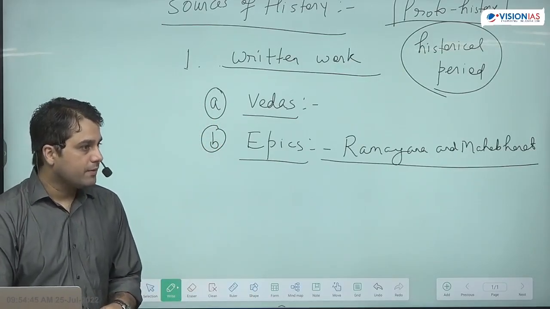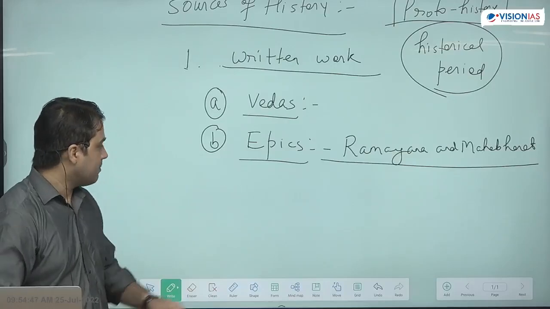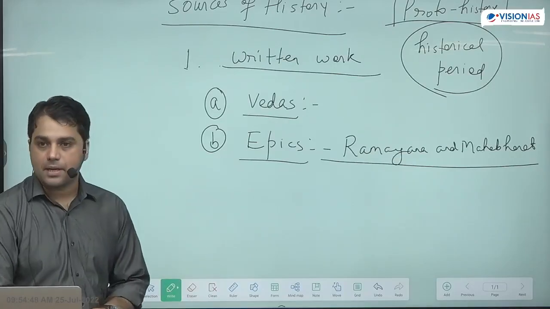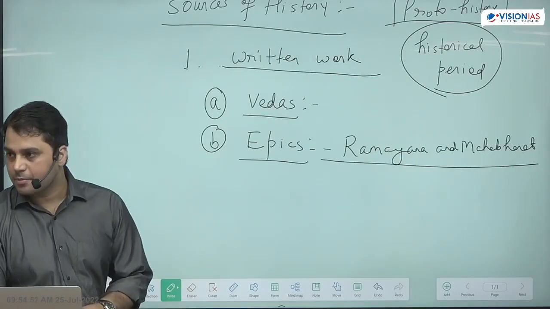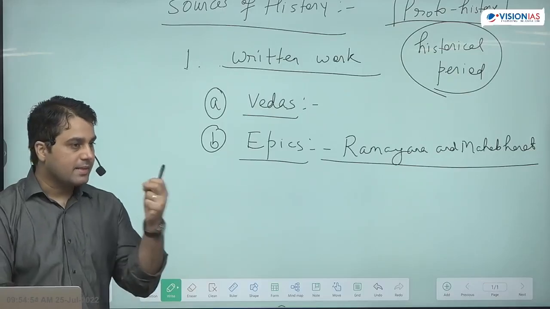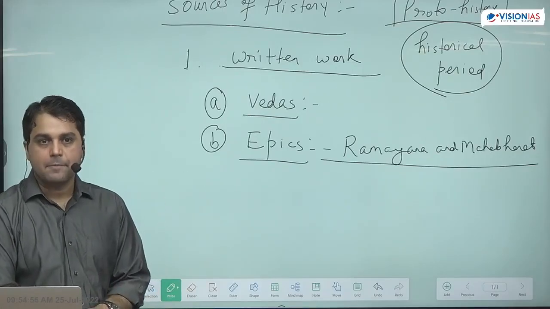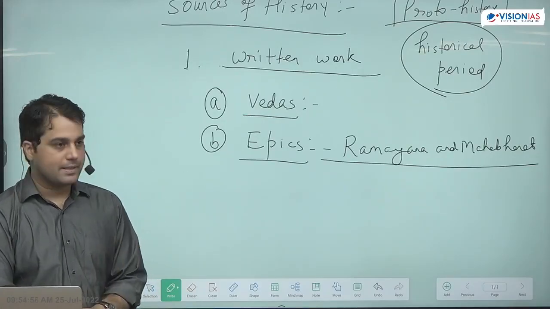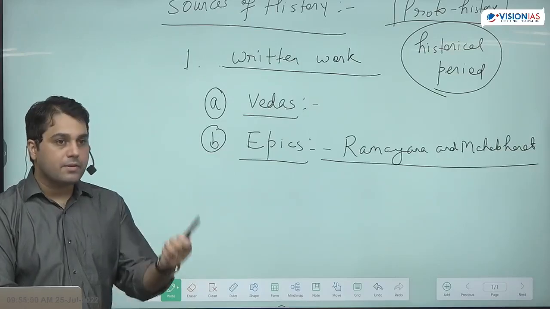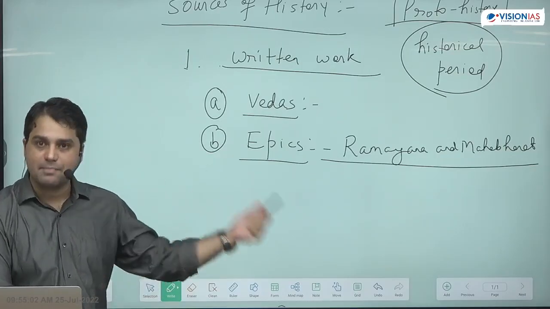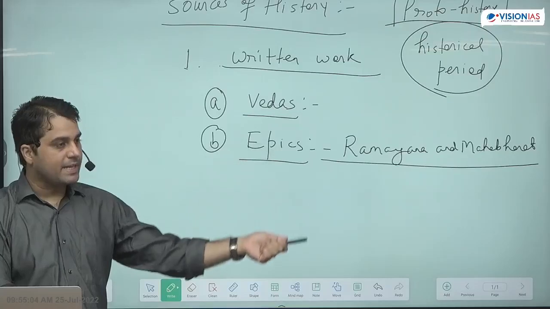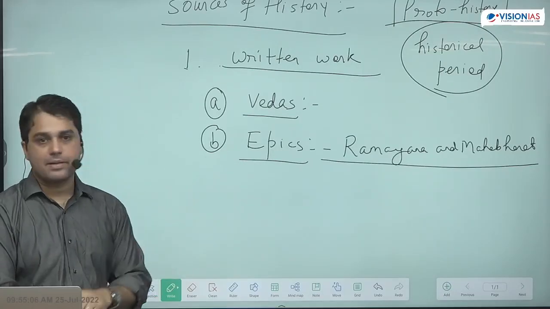They are not works of history per se. But the places, the kings and the kingdoms, and the tribes mentioned in Ramayana and Mahabharata have a historical basis. We do know that many of those places even today are known by the same name. A lot of times names have changed, but a lot of times even names have remained the same.